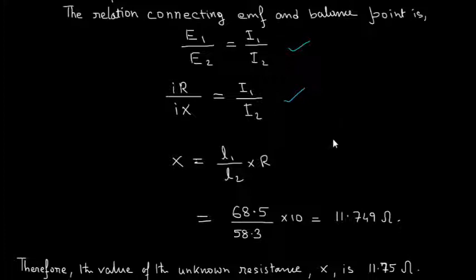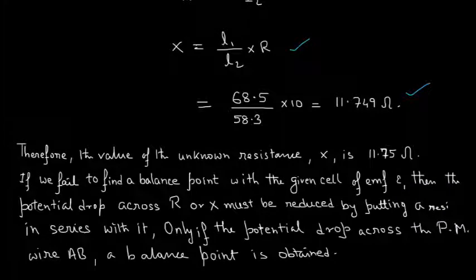X is equal to, we can write, L2 upon L1 into R. Putting the values of L1, L2 and R, we get 68.5 upon 58.3 into 10, that is 11.749. Therefore, the value of the unknown resistance X is equal to 11.75 ohm.